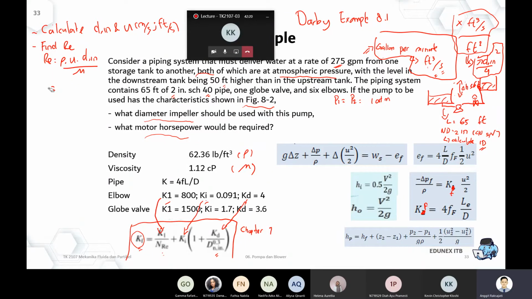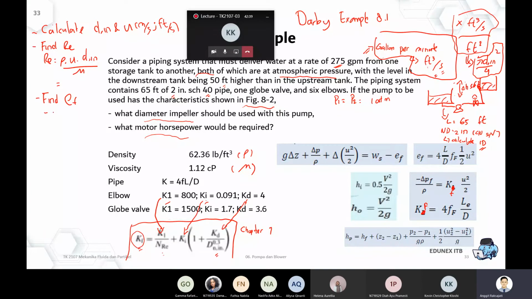Okay, after Reynolds, what will be the next step? Finding the KF. Okay, so the next step will be to calculate the total friction, right?